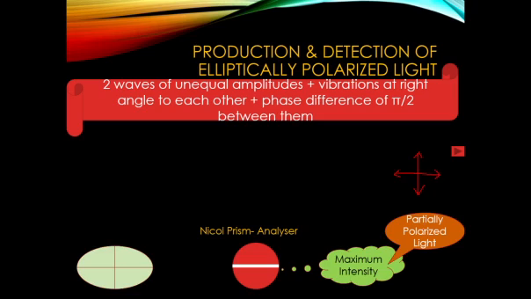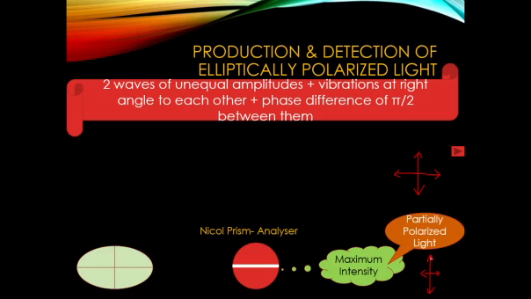But in the case of partially polarized light, it would be having a longer amplitude in one direction and shorter amplitude in the other direction. So if you allow a partially polarized light to pass through a polarizer or an analyzer, what you can expect is a case of minimum intensity and maximum intensity on rotating the analyzer.